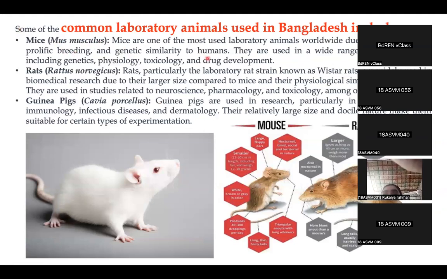Next we would like to talk about some of the common laboratory animals used in Bangladesh. Out of the laboratory animals, we have the mouse, rats, and guinea pigs. We first discuss the mouse in some detail; you will read there, and this is a summary from it.